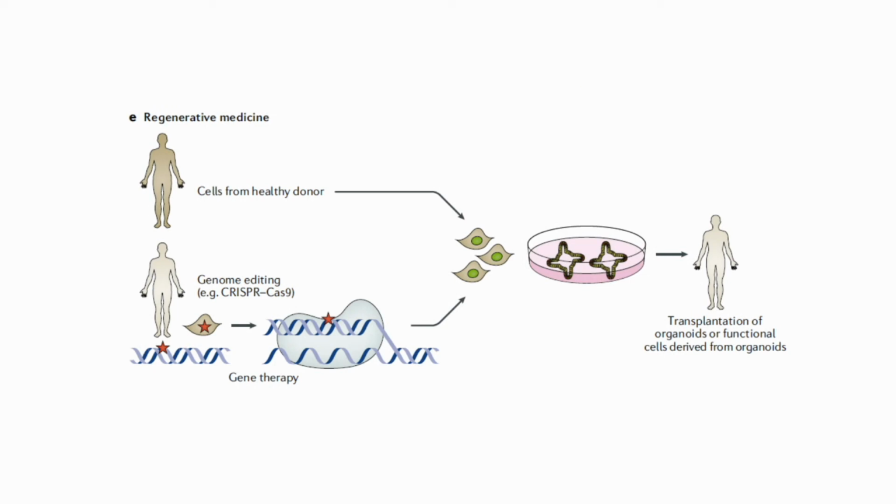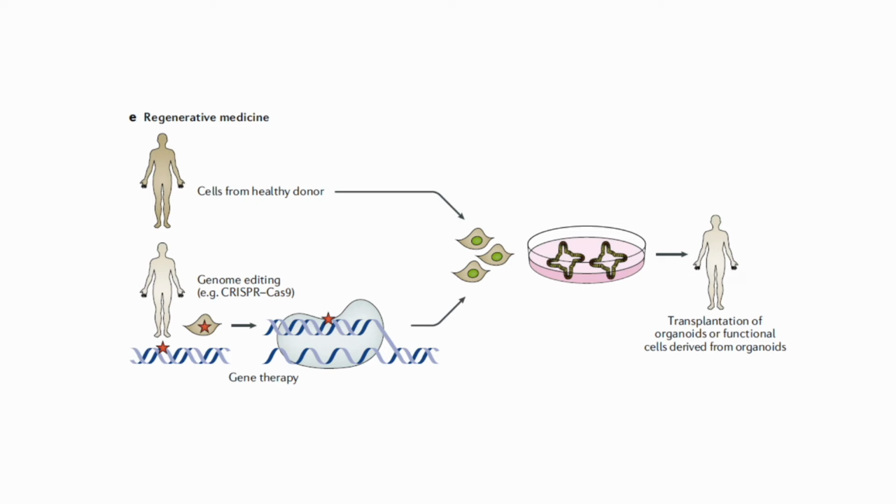But it's also important for regenerative medicine. So we can also, for example, take cells from a healthy donor and do transplantation assays, or we can take the cells from a diseased patient and use this unique technique called CRISPR-Cas, which I guess most of you might have heard about by now.